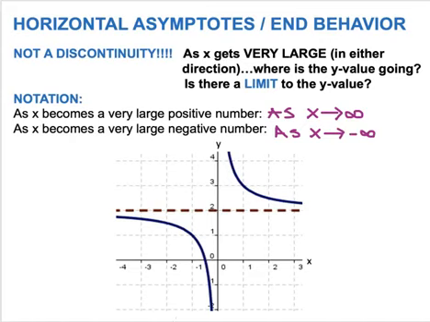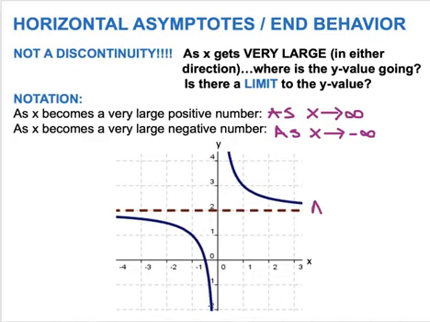If you look at this graph here, we have the graph of a rational function. Now let's look at the right side. On the right side, we have a branch of our rational function moving towards an x direction of positive infinity. And what is the function approaching? As x moves towards positive infinity, notice that the y value is approaching 2.